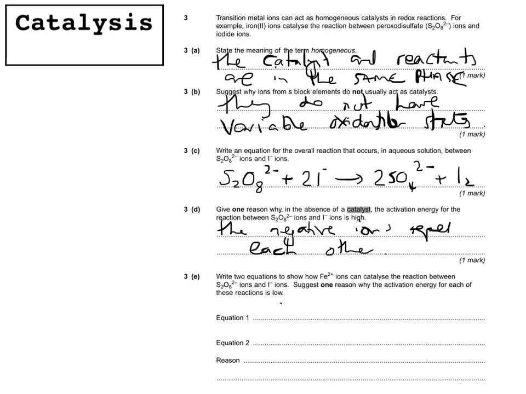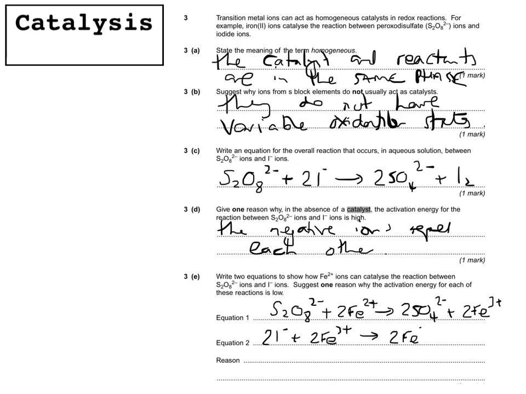First you've got S2O8 2- plus 2 Fe2+ goes to make 2 SO4 2- plus 2 Fe3+, and then you've got your I-, two of them reacting with 2 Fe3+ to make 2 Fe2+ plus I2. And the reason is because the negative and positive ions attract each other.